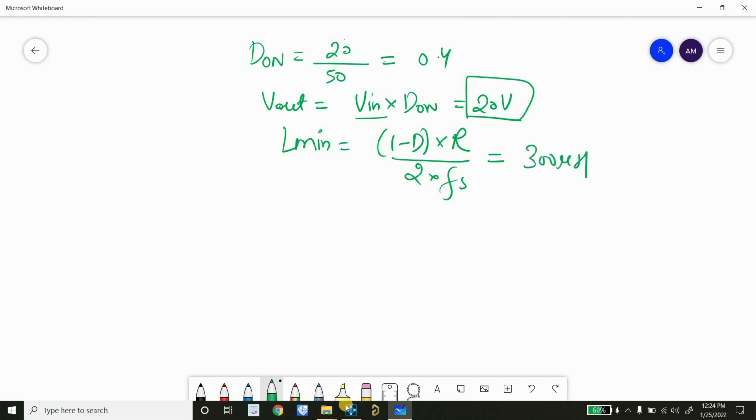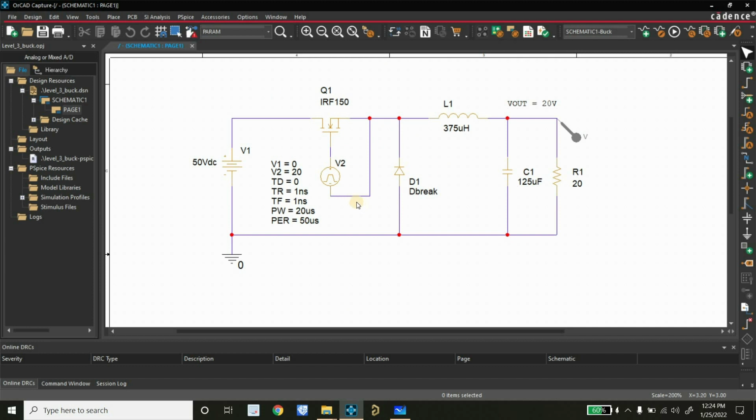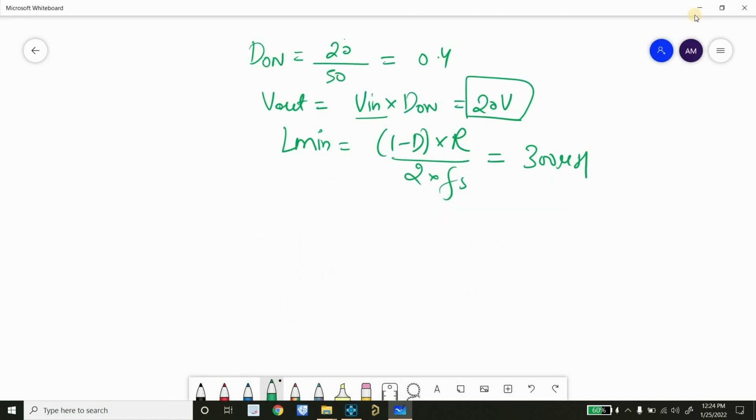If we go back to the circuit, you can calculate the switching frequency, and from that we got to know it will be around 20k. Now this is the minimum inductance. So what inductance value do we have to use? There we use a multiplier of 1.25 multiplied by L min. So this will be 375 microhenry.